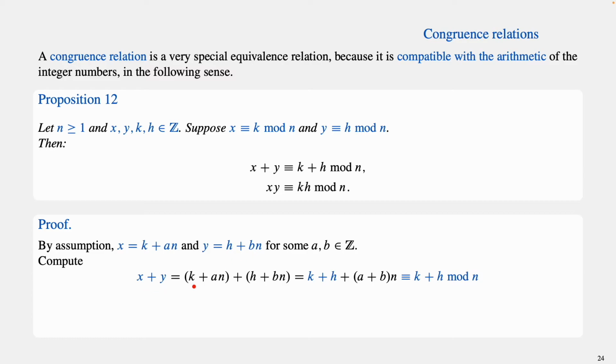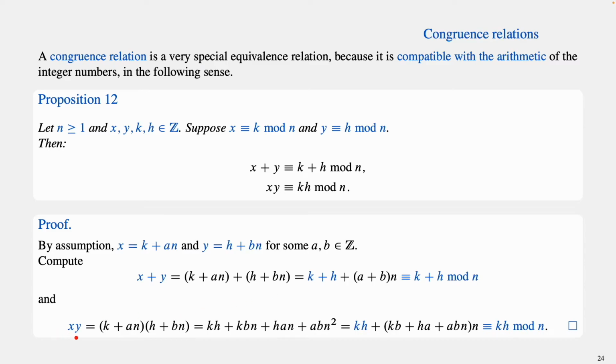So x plus y is k plus an, plus h plus bn. And if we rearrange the items here, we get k plus h plus (a plus b) times n. So k plus h plus a multiple of n. So x plus y is in fact congruent to k plus h mod n, because x plus y and k plus h only differ by a multiple of n, so they are congruent mod n.